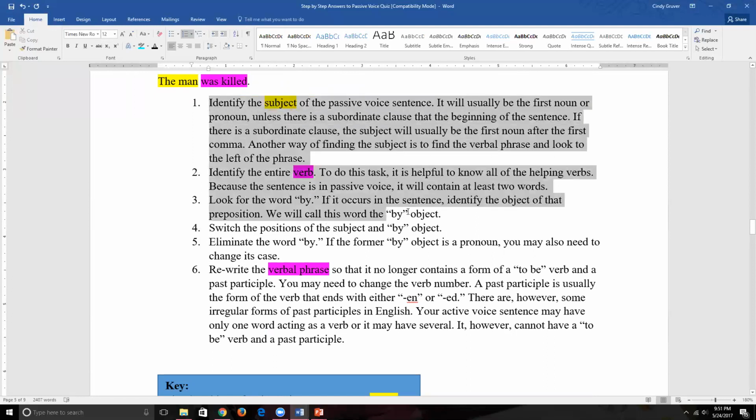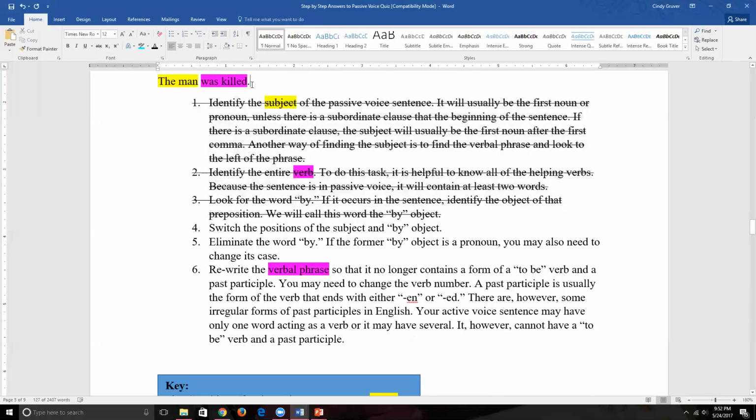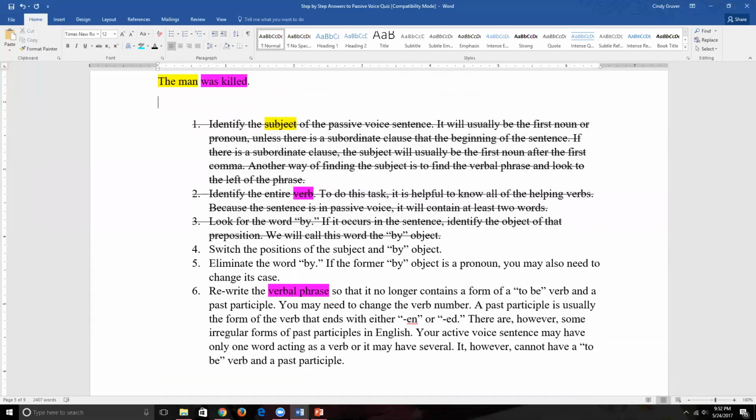So we've done steps 1, 2, and 3. Now we're supposed to switch the positions of the subject and the by object. We don't have a by object, so I'm just going to put a blank here. You can see I've made that switch.